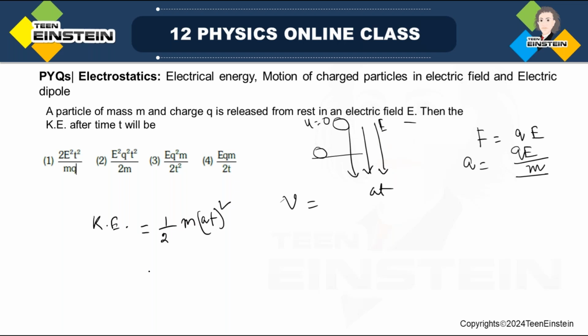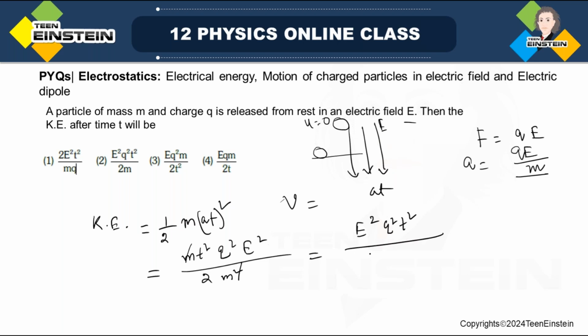Okay, now let me put the values. So m t square, a is qE, so let me write q square E square by 2 into m square. So this will cancel, and I will get kinetic energy E square q square t square by 2m. So this is the answer. So option 2 will be the correct answer for this question.